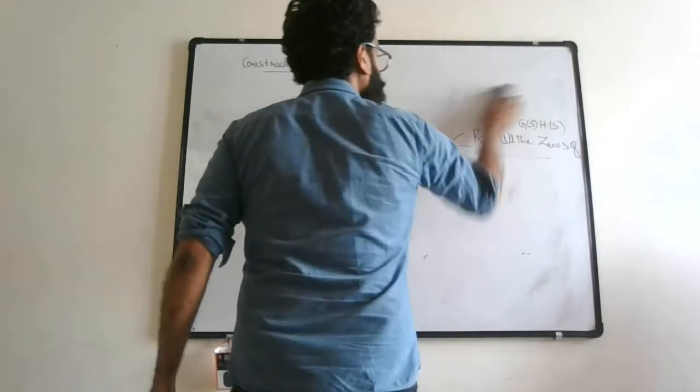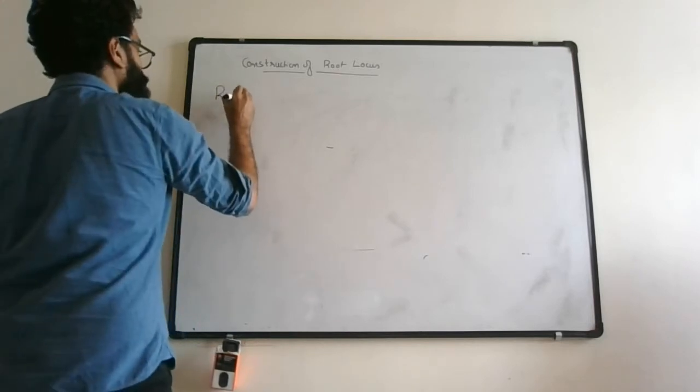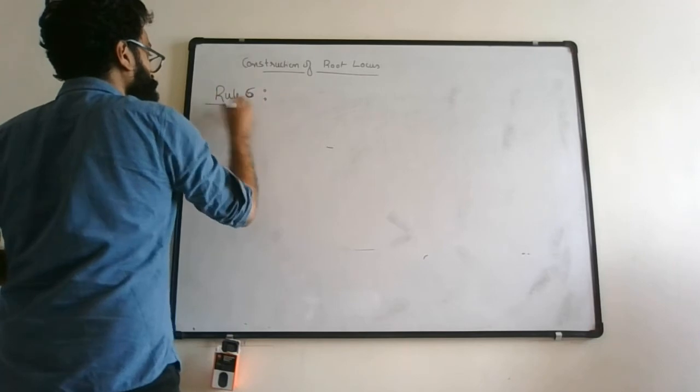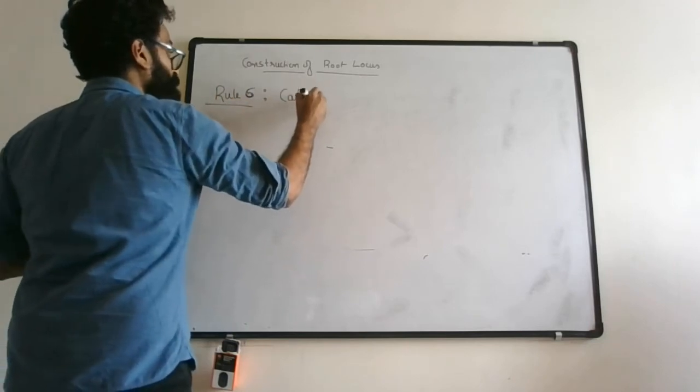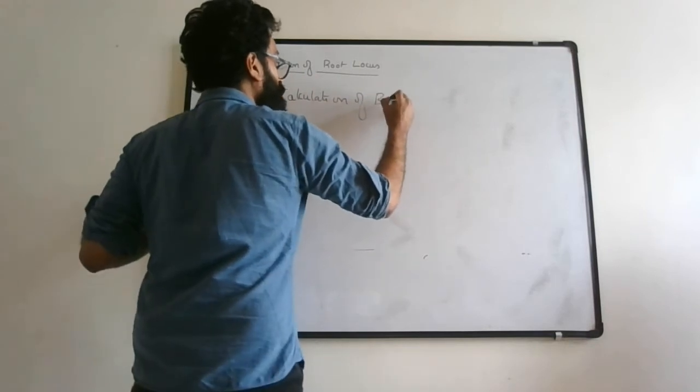Next up, you have rule number 6. This rule number 6 is also called calculation of breakaway points.